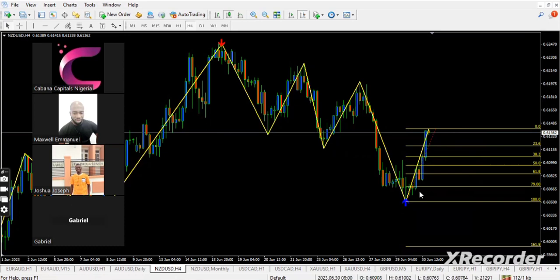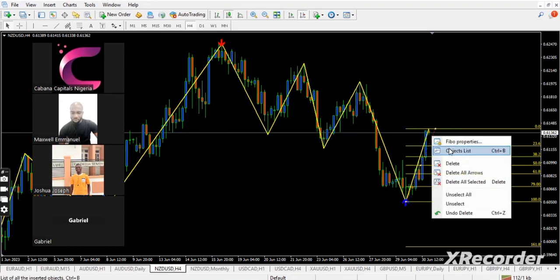Even if it doesn't get to 100, if it gets to 250 or 200, you can still take the risk. But entering at 500 is at a high risk because price can just drop from that 500. Are you getting me? So I'm still bearish on New Zealand USD. I just shared with you where I'll be considering selling.